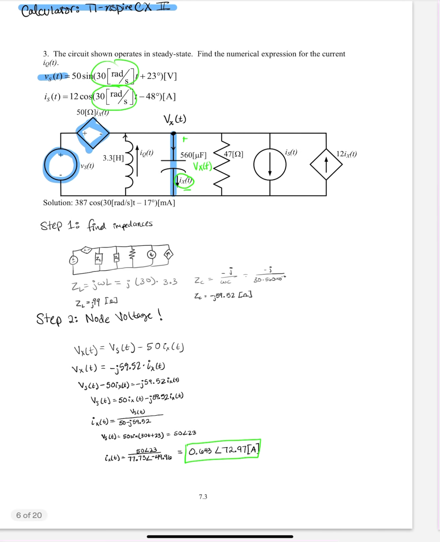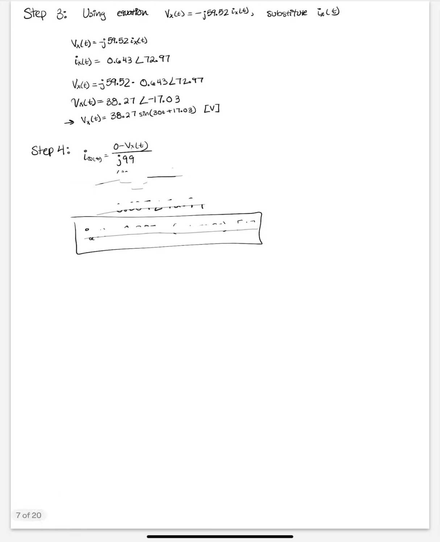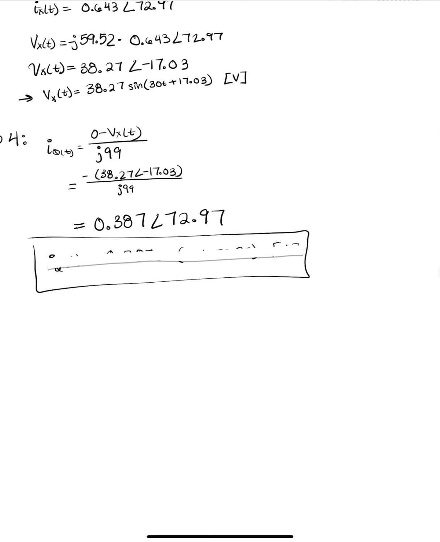So we have our voltage and we have our impedance, so we can go ahead and find Iq of t, just as we'd find the current of any other given node, or wire, apologies. And plugging that in, you get 0.387 with an angle of 72.97.